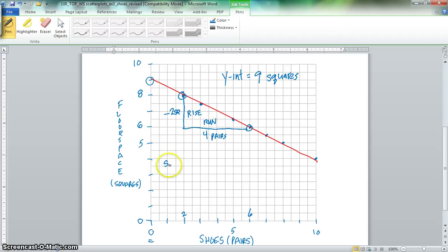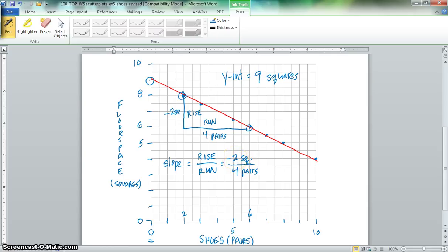Many students have heard of rise over run as a quick way to remember how to do the slope calculation. So the slope is equal to the ratio of the rise over the run. In this case, the rise was actually a drop, so it was minus 2 squares. I'm just going to put SQ for squares. And that change took place as 4 pairs of shoes were put down.